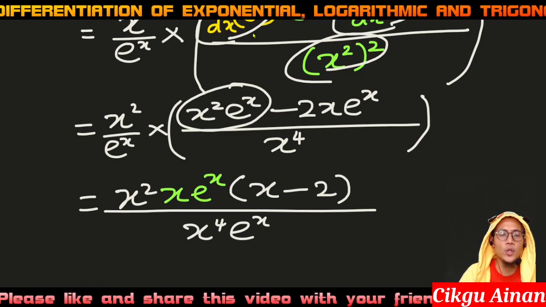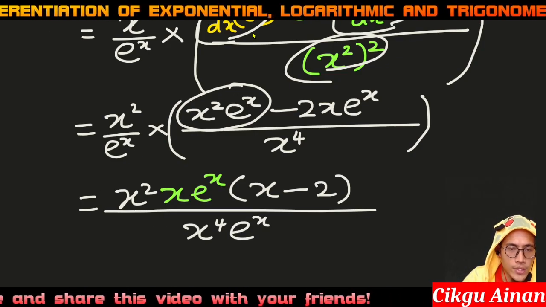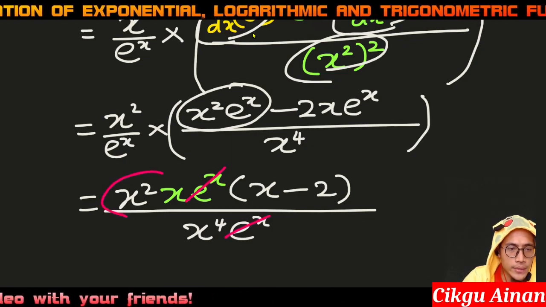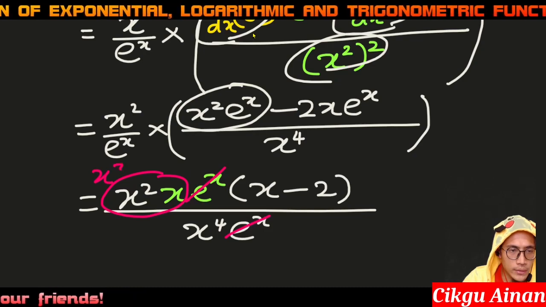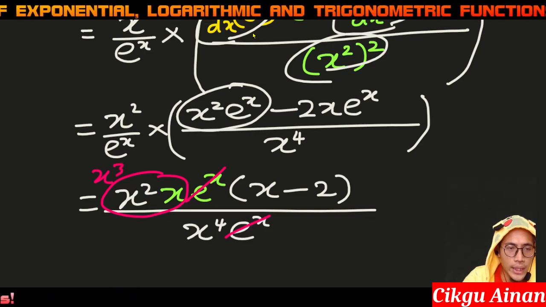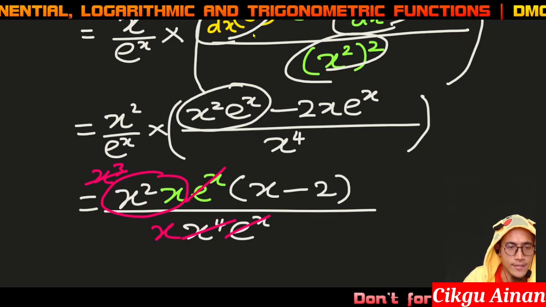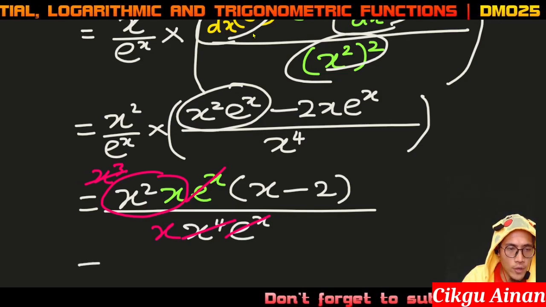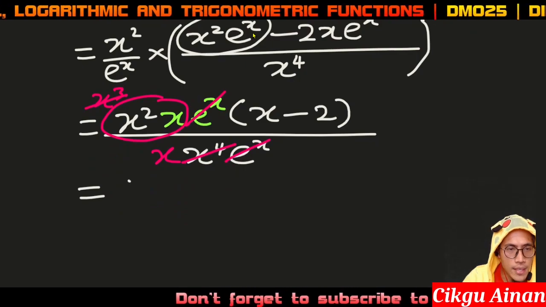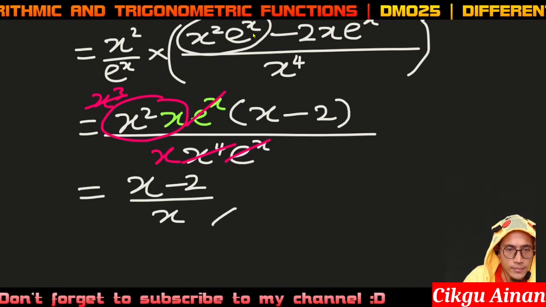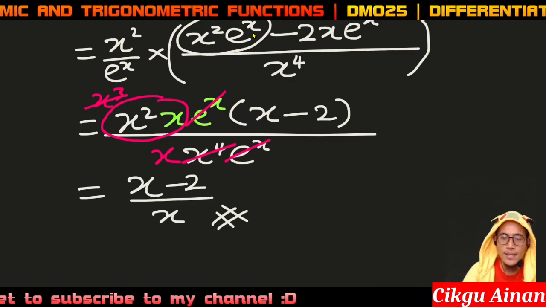From here, we can cancel what we like. As you can see over here, e to the power of x we can cancel. This one means x cubed. So we can cancel x cubed with x to the power of 4, leaving us with x. Therefore, what's left down here is x minus 2 over x. So this is the final answer.